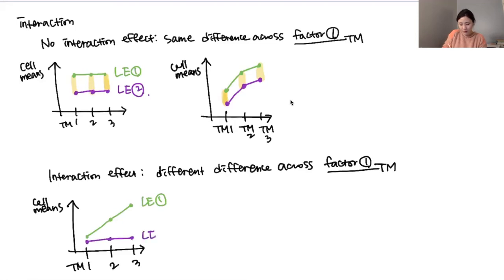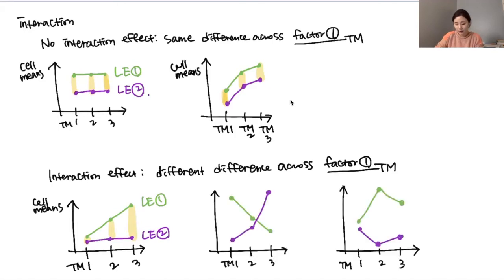In this case, the difference between learning environments across teaching methods 1, 2, 3 is different. We have the most difference in teaching method 1 and the least difference in teaching method 3. In this case, we call this an interaction effect between factor 1, teaching method, and factor 2, learning environment.